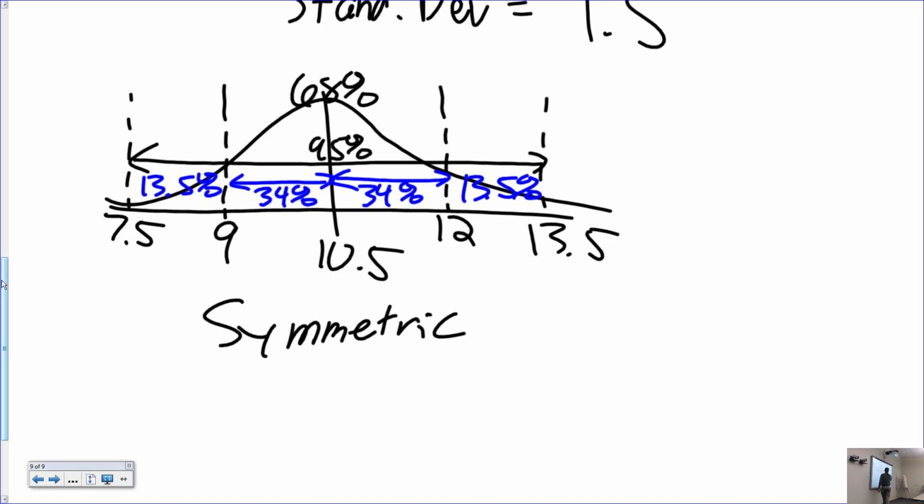And what are the outside edges? What percent of men have a shoe size greater than 13.5? 2.5. Why 2.5? If that's 95, everything has to go up to 100, that's 5% less. Split it. Because how many men have a shoe size less than 7.5? 2.5%. Okay? And so this is how business uses the standard deviation in the real world.